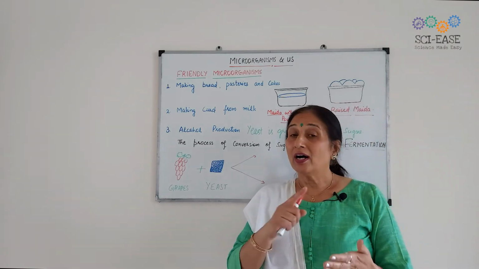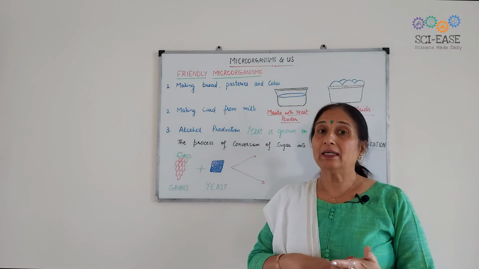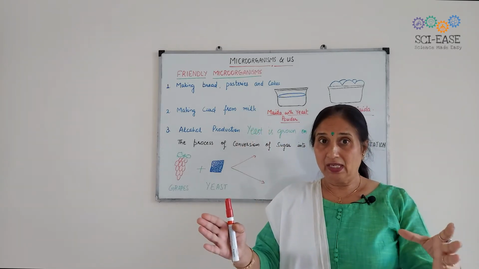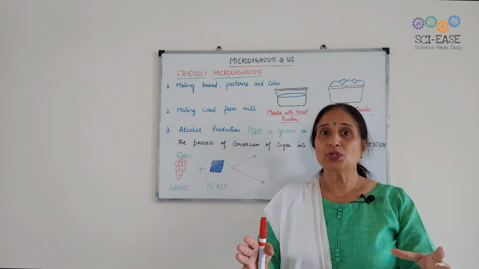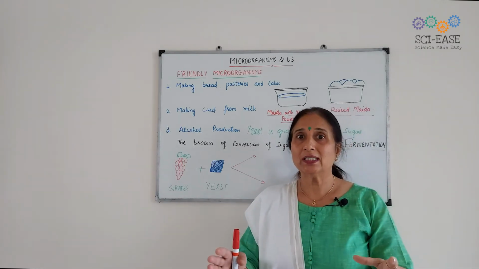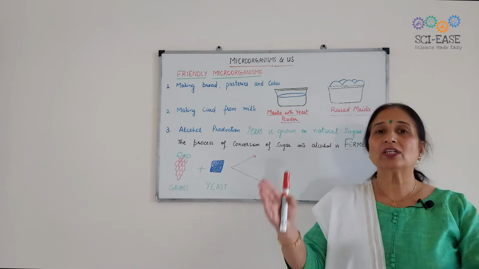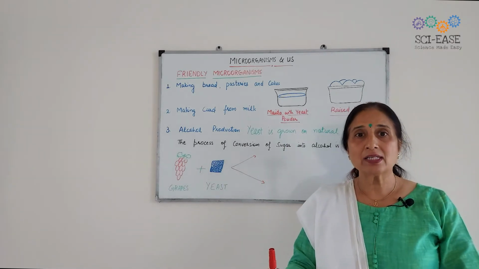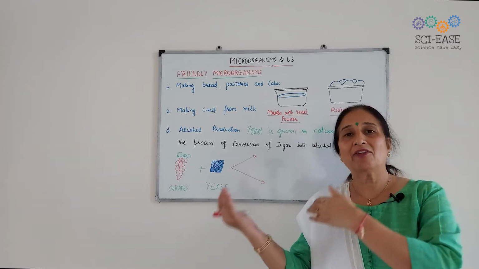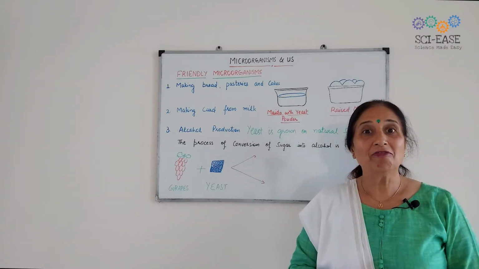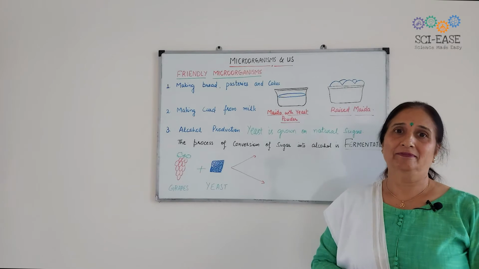So, we will put here yeast plus sugar plus water and keep the mixture for 4-5 hours, cover it properly, and the mixture will be changed into wine or alcohol.